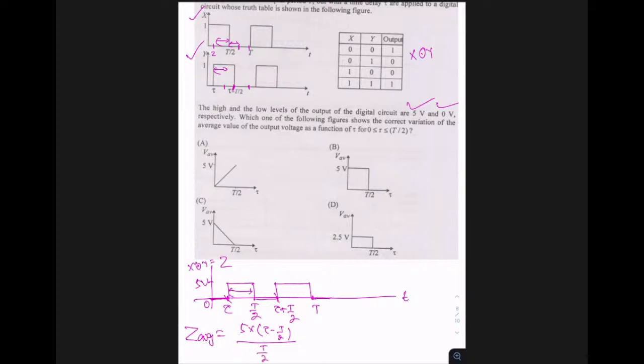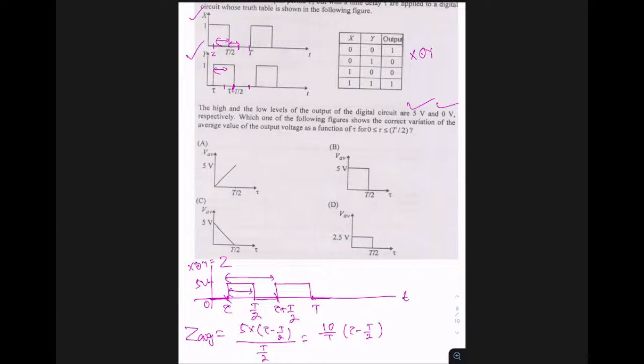I mean, this gap is tau plus T by 2 minus tau, which is T by 2. Height is 5 and width is tau minus T by 2, so you multiply by 2 by T. So it is 10 by T into tau minus T by 2, plus 1, right? So this is the expression of Z average you are getting.